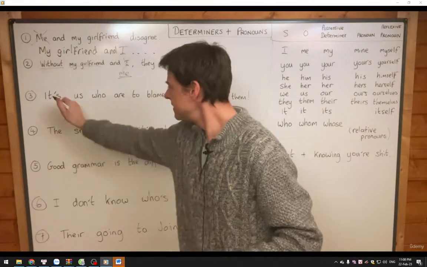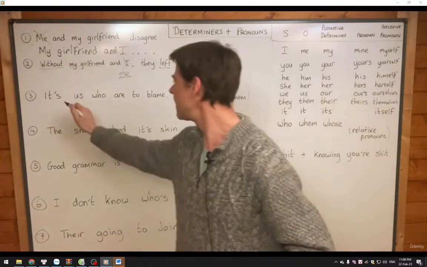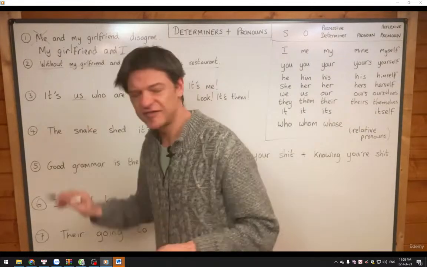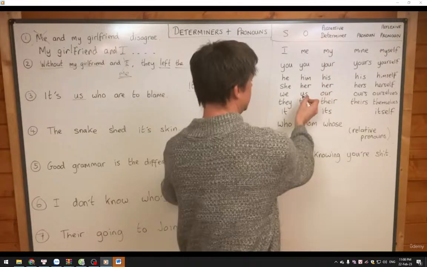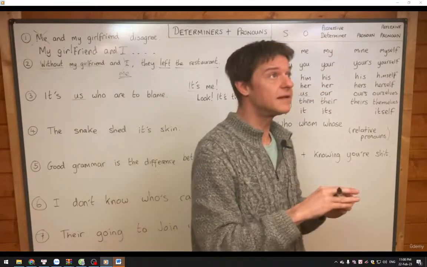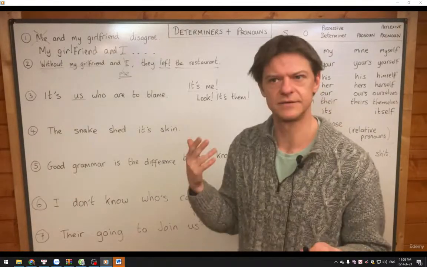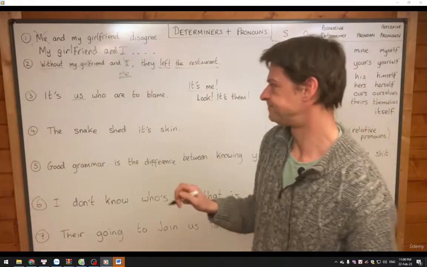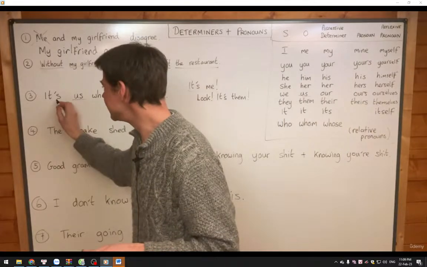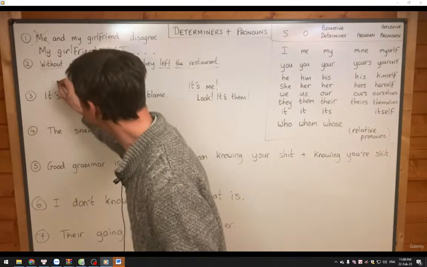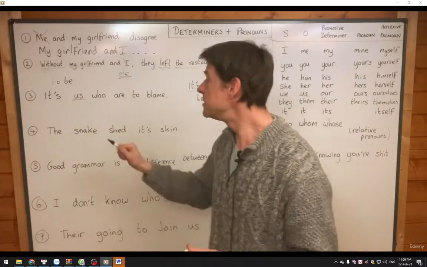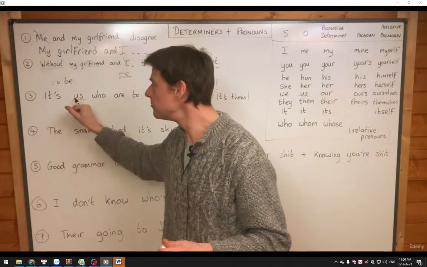But let's analyse this sentence a little bit closer. "It's us who are to blame." Well, this "us" is actually an object. Us, as in "they killed us," and not "us killed them." However, when we've got a sentence with the verb to be, we shouldn't actually use an object pronoun.